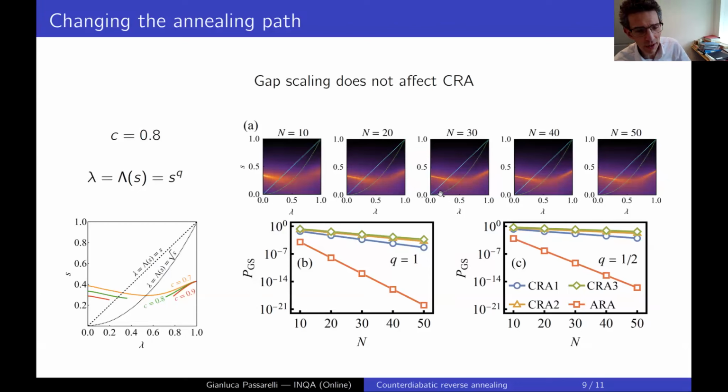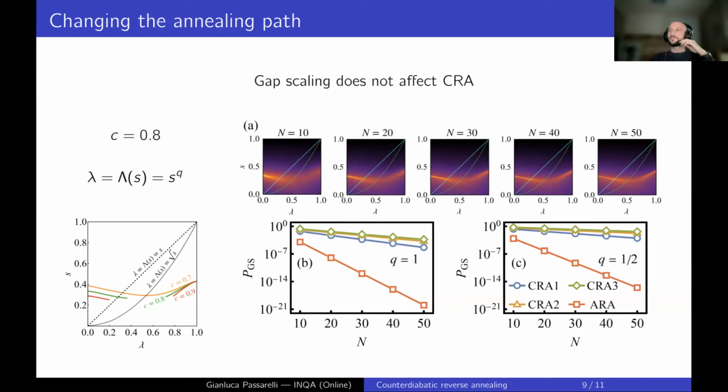The question is as follows. Looking at the thermodynamic case here from the Nishimori paper, there's a critical value of C, which is your fraction of spins that start in the correct state when you begin your reverse anneal. Yes. Maybe 0.7 something, at which there is a region of this S-lambda plane where there is no first order phase transition.